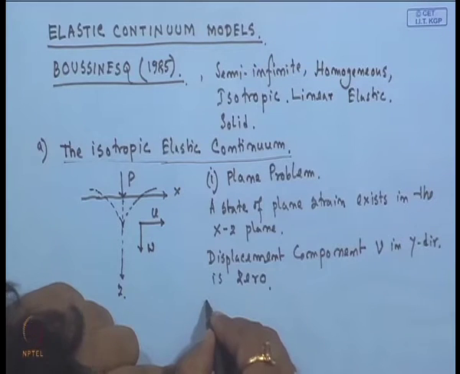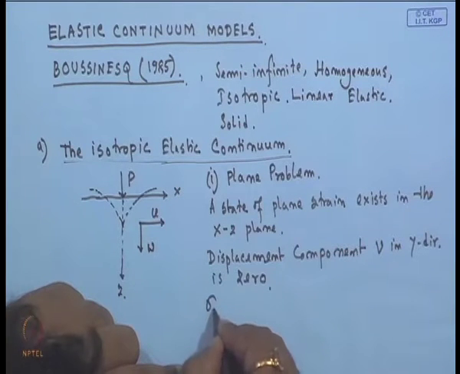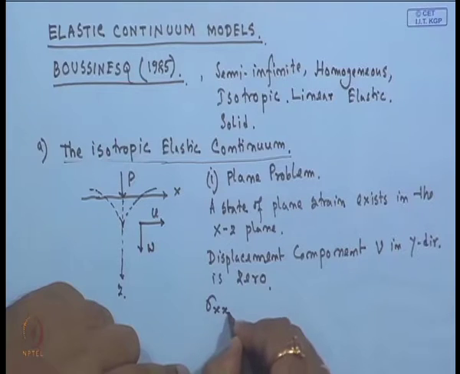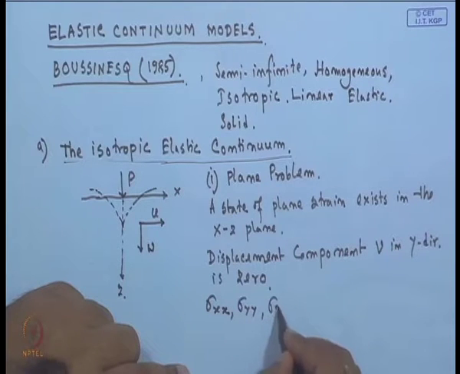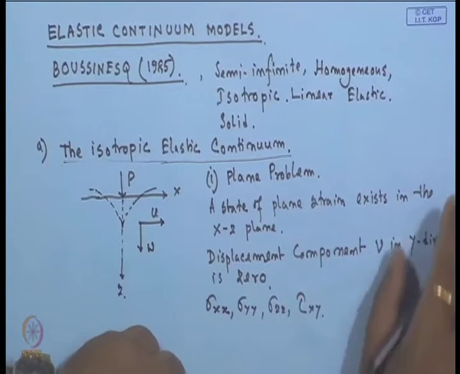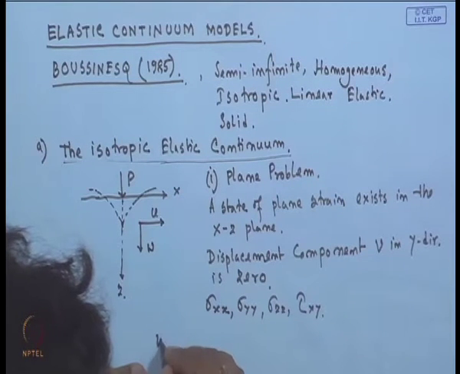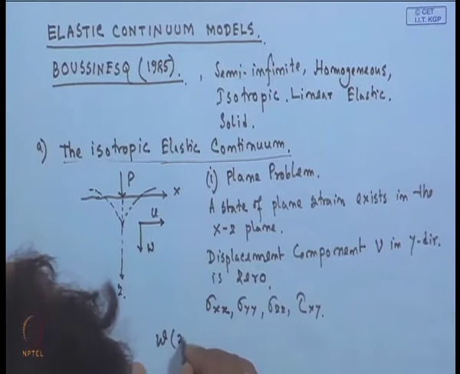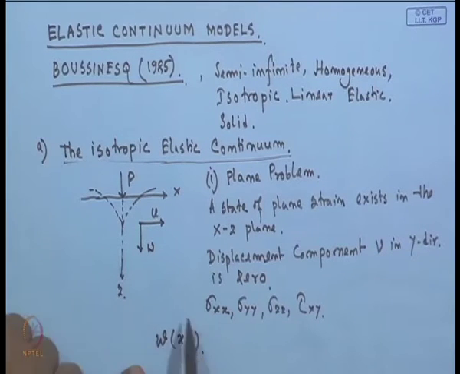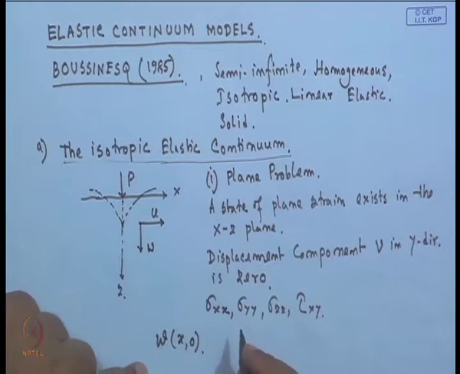The non-zero stresses are sigma xx, sigma yy, sigma zz and tau xy. So, these are the non-zero stresses, and the surface deflection w at x equals 0, in the z direction, can be found.